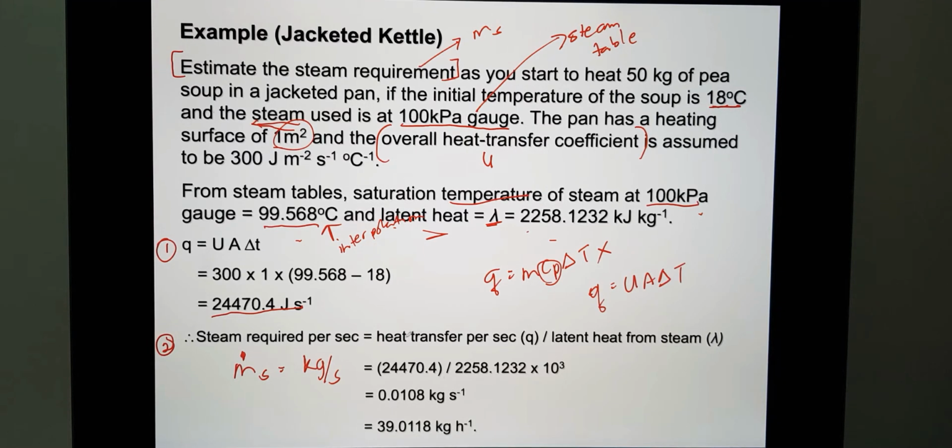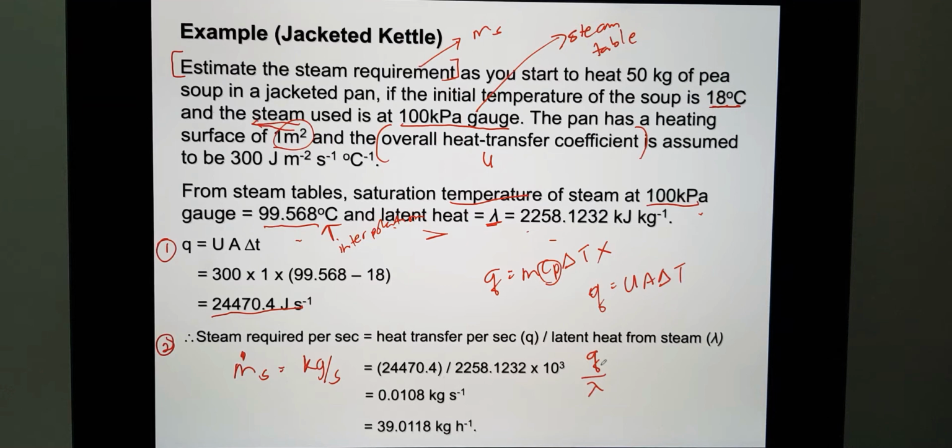You need to calculate Q divided by latent heat. Why do you need to calculate Q over latent heat? This is because you need to cancel out the units coming from the Q and the units coming from the latent heat.